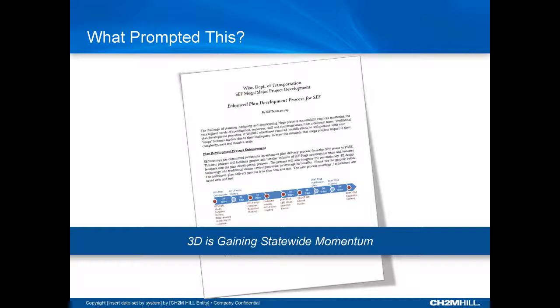And now this is something that the 3D modeling and civil integrated management and building information modeling and VDC, virtual design and construction, this is stuff that is gaining statewide momentum in WSDOT, and WSDOT is looked to as one of the top 5 departments in the nation that are spearheading this technology.